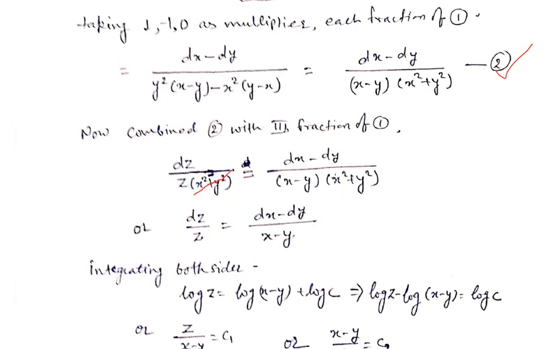Here the term x squared plus y squared cancels out. So in the remaining term, the denominator is x minus y and the numerator is the exact derivative of the denominator. So now we can solve it. The resultant term will be dz upon z equals dx minus dy upon x minus y.